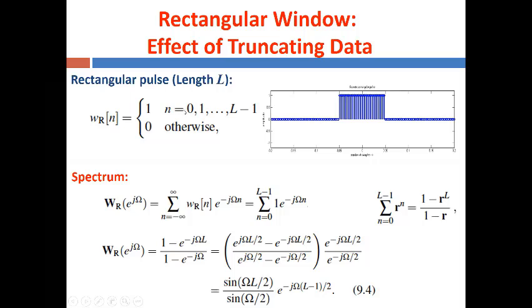Well, again, extracting a series of samples is like multiplying whatever infinitely long function we have by basically a rectangle function. Here's one shown centered around n equals 0. If I had a causal version of that, it would start at n equals 0 and go to L minus 1 if it has a length L.